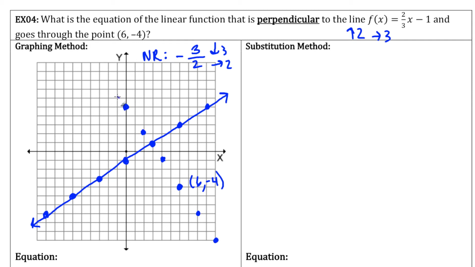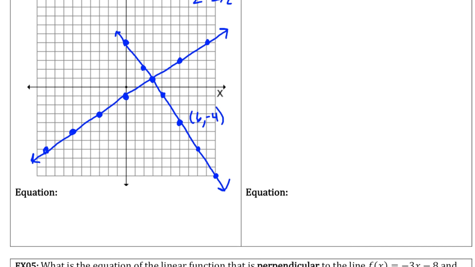Okay, I'm going to try this again. I'm not good at going this direction. Awesome. Now I know it doesn't look like it, but this doesn't cross exactly there. It's a decimal.